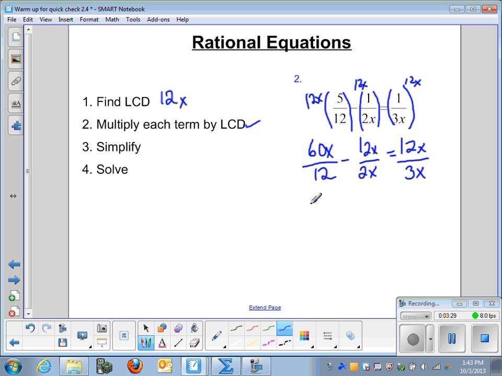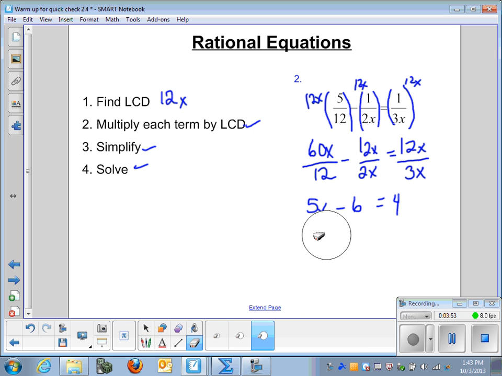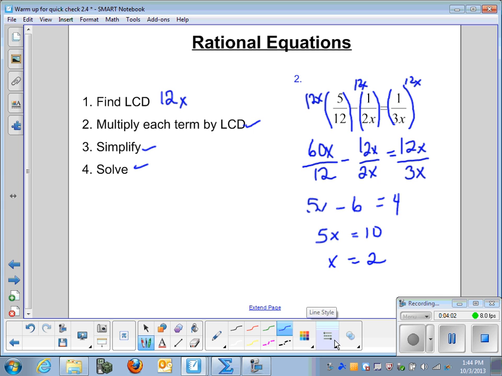Now we're going to simplify. 5x minus 6 equals 4. Now we solve. So x is equal to 2.